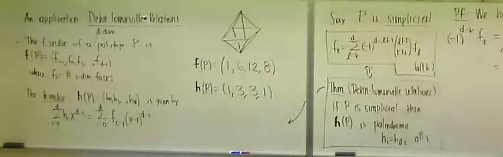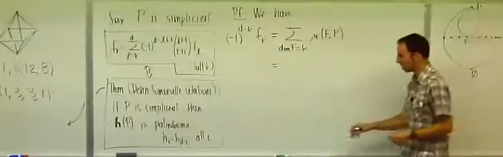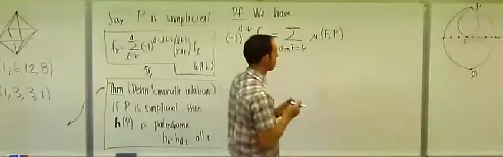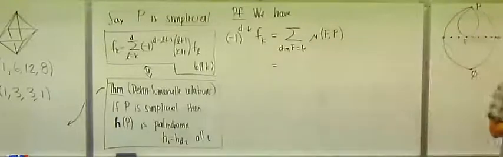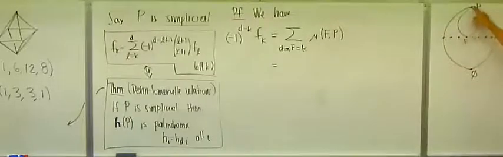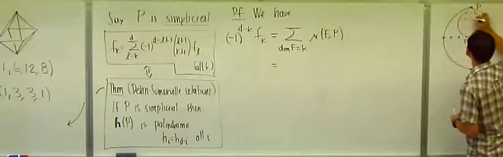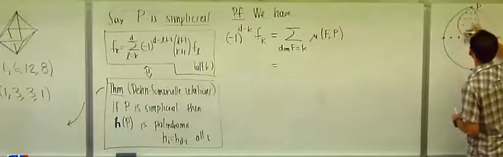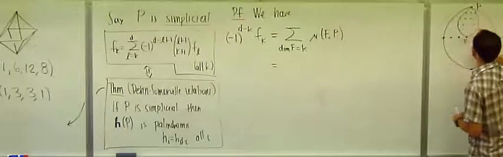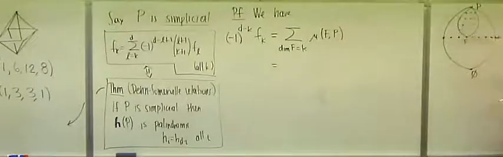Okay. Now I'm going to say the following thing. What is mu of f comma p? Well, actually, I remember what the recursion is for mu of f comma p. Remember, to compute this number, you look at all the numbers below it, you add them, and you take the negative of that. So I'm going to look at all of these guys over here, add all of these numbers, and put minus that.